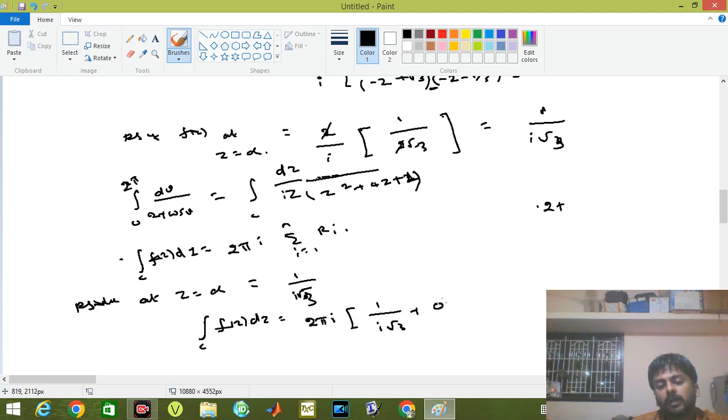This is R1 and R2 is 0, that is for beta you will have 0.